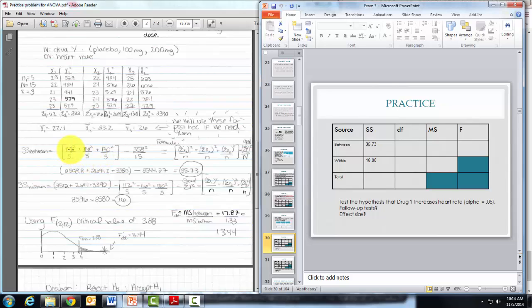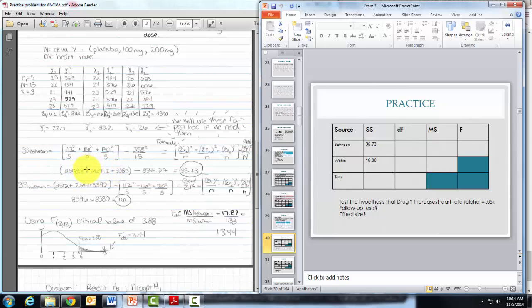Square 112 and divide that by 5, and you should get 2,508.8. Square 116, then divide that by 5, and you get 2691.2. Then square 130, divide that by 5, and you get 3380. Once you've done that, you add all of those together, and that becomes the number at the beginning here.